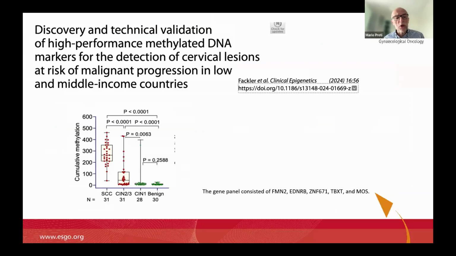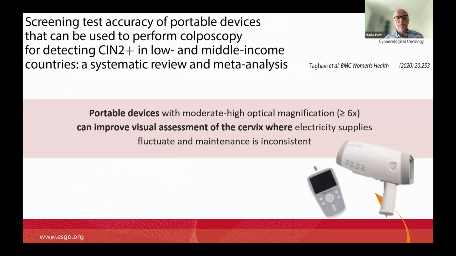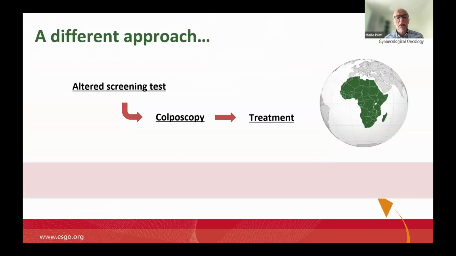Probably in the future, when validated methylated DNA markers are available, an HPV DNA test with methylated DNA markers can better stratify the risk and allow us to perform treatment only in a selected group of patients. We saw the portable device in the previous lesson, very important. So alternative screening tests lead to colposcopy and treatment.